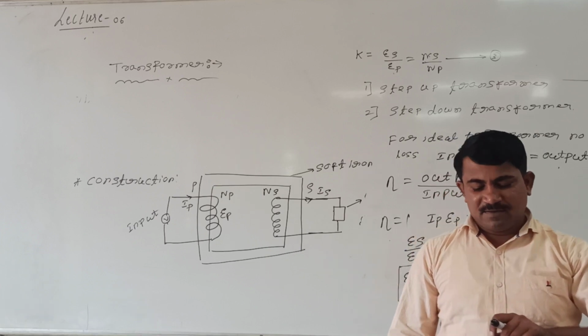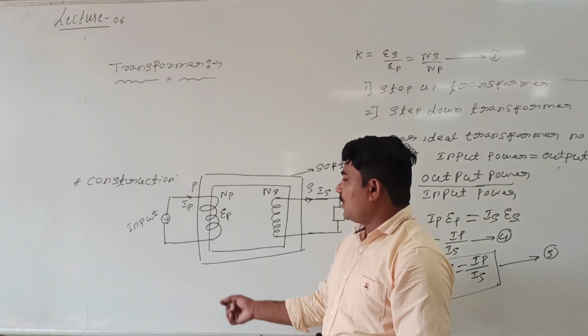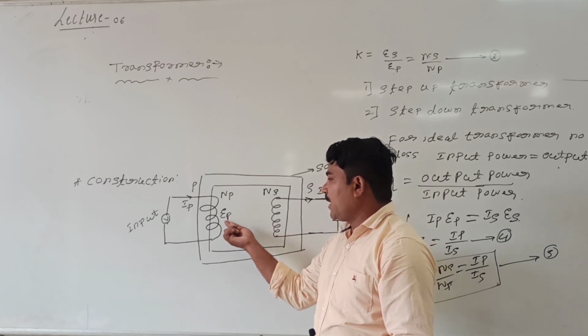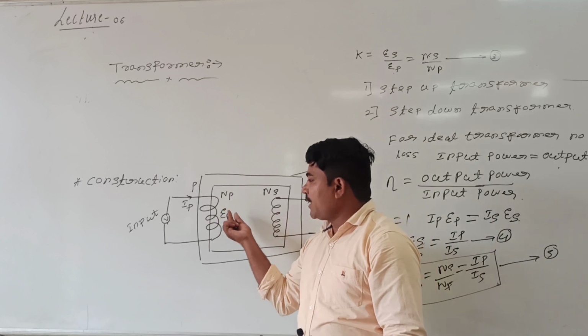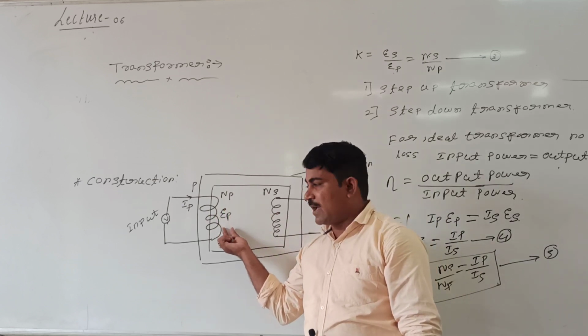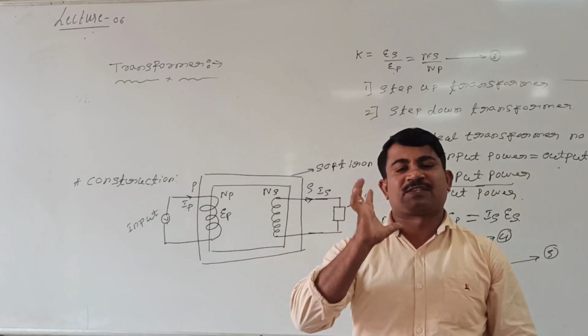A step up transformer is a transformer which converts low alternating voltage into high alternating voltage. I mean the voltage in the primary must be less and the voltage in the secondary must be high, then we call it a step up transformer.